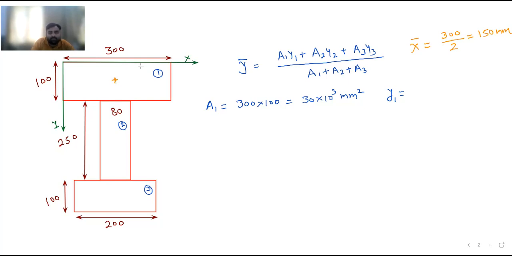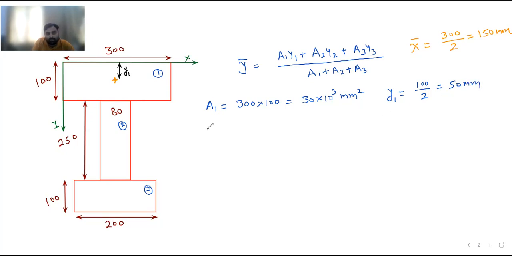The reference axis is this axis. So this distance is Y1. Whatever may be the distance, this is your Y1. So it is 50 mm. Y1 is equal to how much? It is 100 by 2, which is equal to 50 mm.